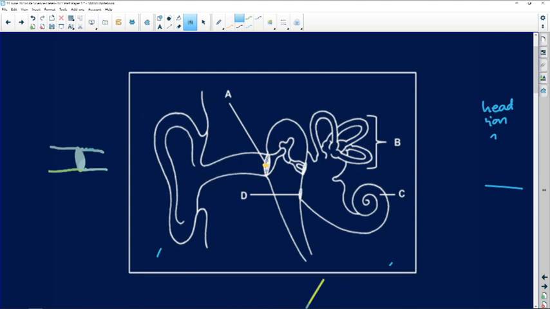In this question, we're talking about a grommet, which is a little hollow structure that's inserted into the eardrum or the tympanic membrane. Have you ever had a throat infection where you had a sore throat and then a few days later you have sore ears?